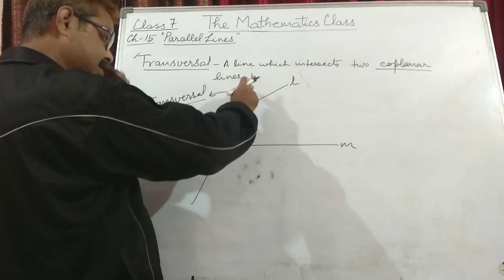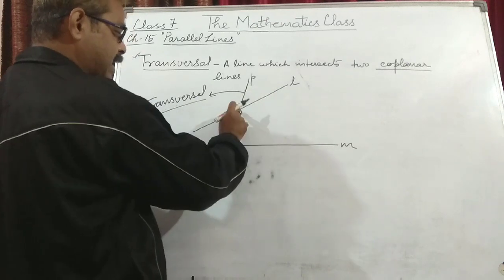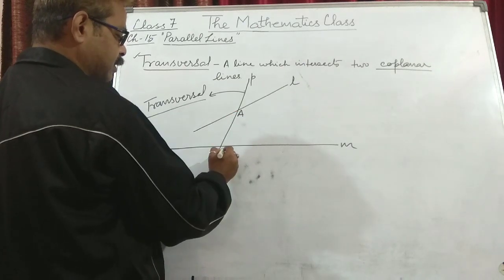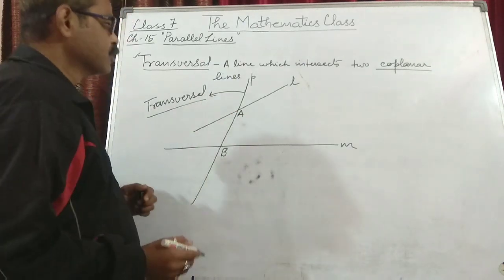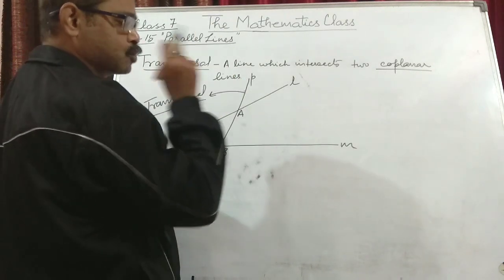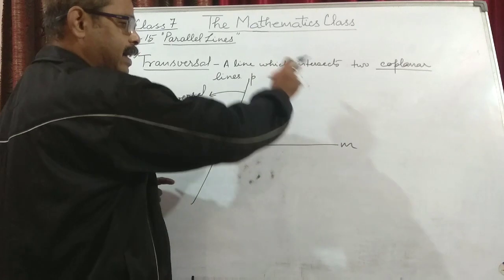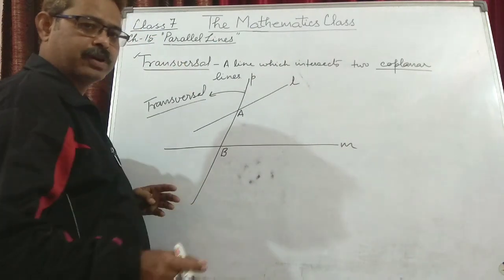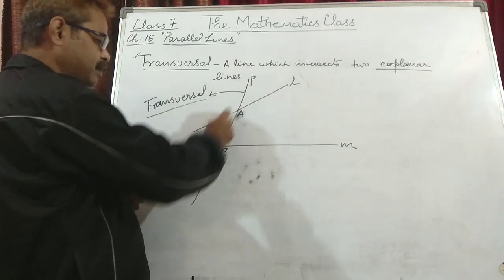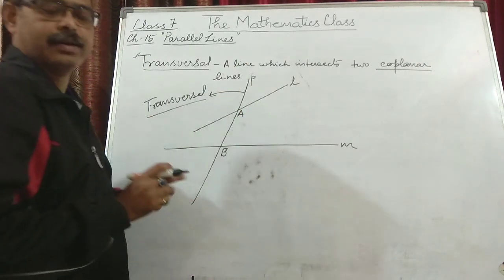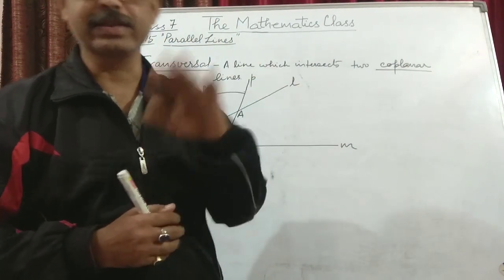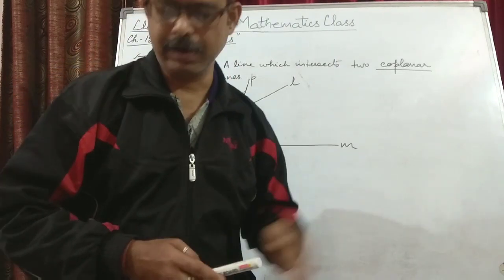If a line P is intersecting two coplanar lines at two different points, you can see one point I am marking as capital A, another point I am marking as capital B. So a line small p is intersecting two coplanar lines, small l and small m, at two distinct points, point A and point B. So p will be known as a transversal. This is the meaning of transversal. A line which intersects two given lines in the same plane is known as a transversal.